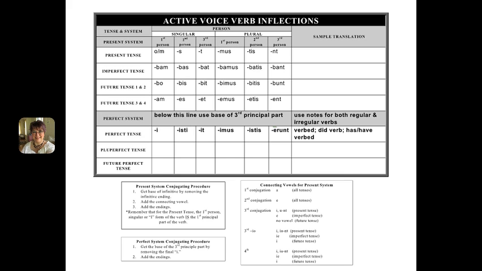I think it's also important for you to write on your chart this very important note in the gray box. Below this line, use the base of the third principal part. I think it is also very important for you to note right here that you use these endings for both regular and irregular verbs.